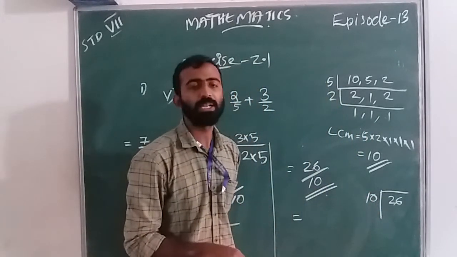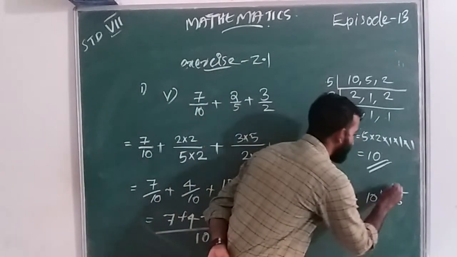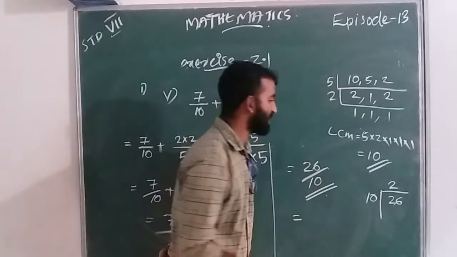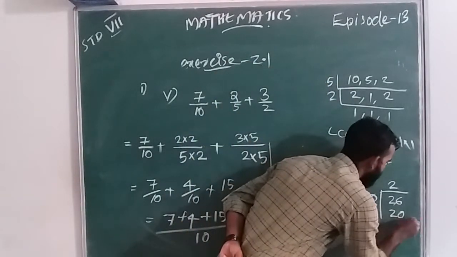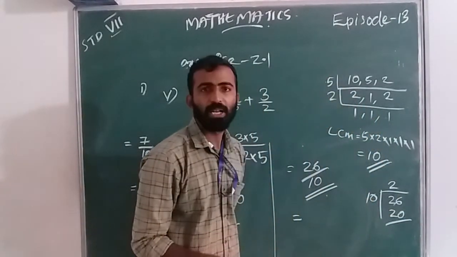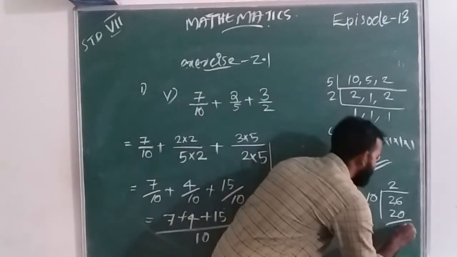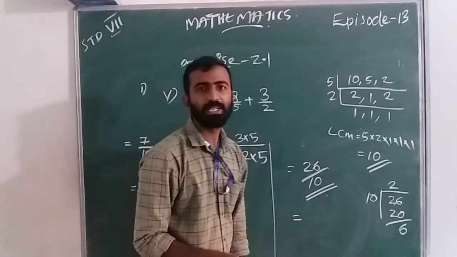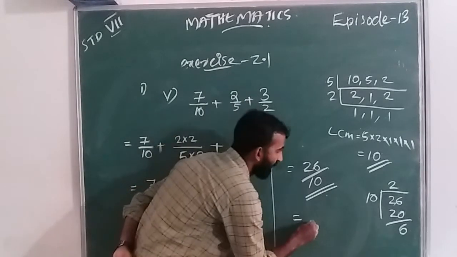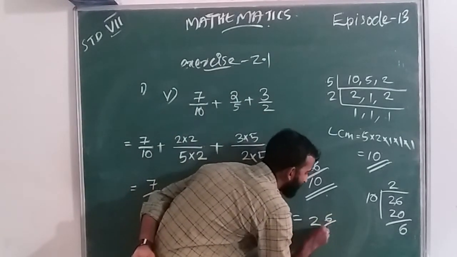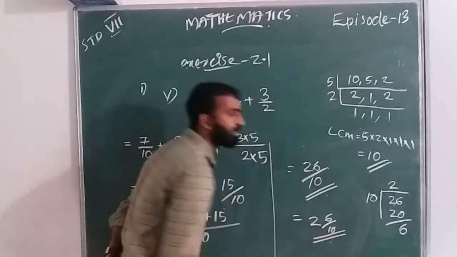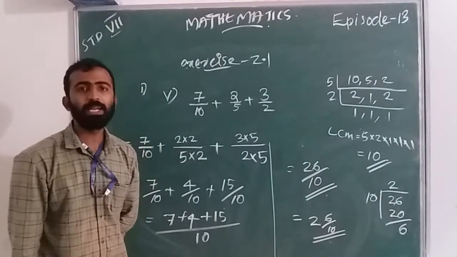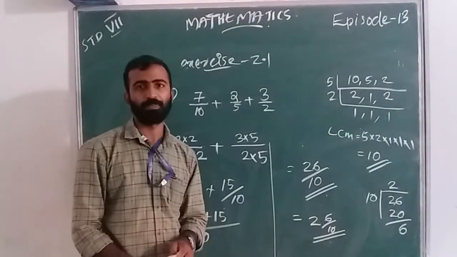In 26, 2 times 10 exists. 2 into 10 is 20, so we get 6 remaining. We can write 2 and 6 by 10. The answer is 2 and 6 by 10. This is the answer.